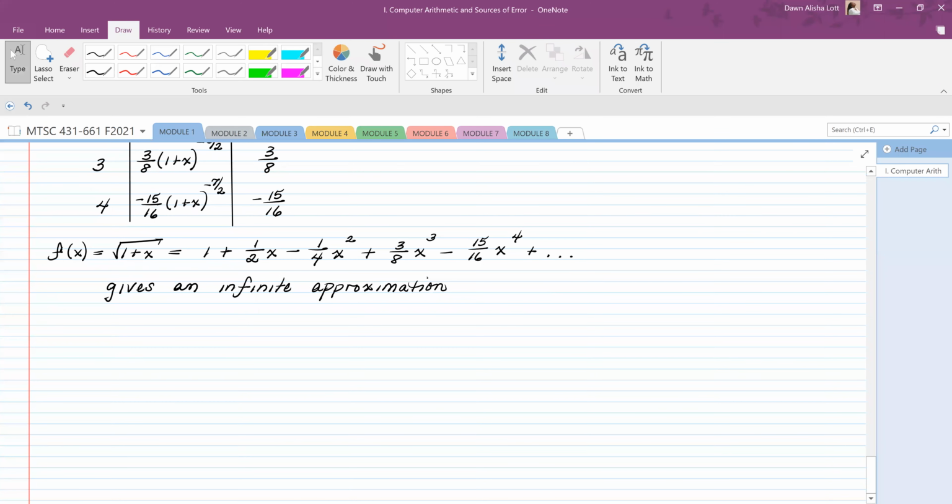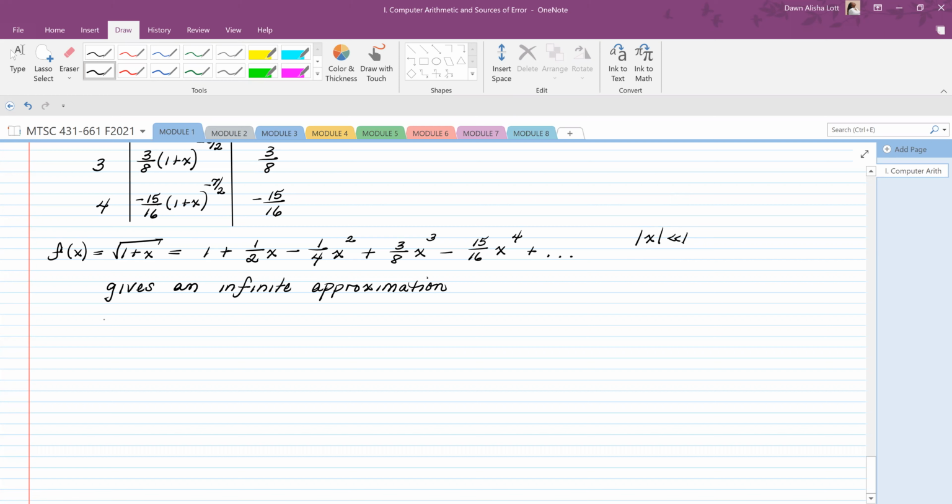And of course, this is for x very small. In fact, the absolute value of x, I believe, has to be less than 1, but it's for x very, very small. Let me say x much, much less than 1.